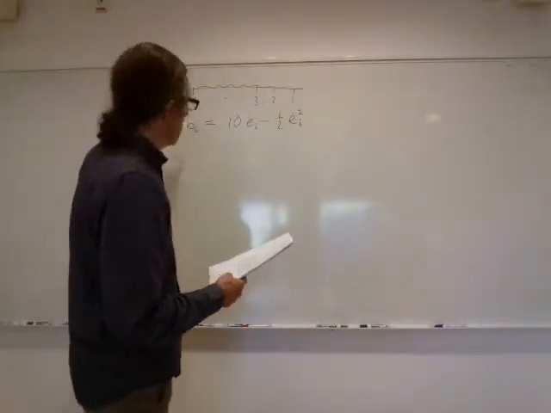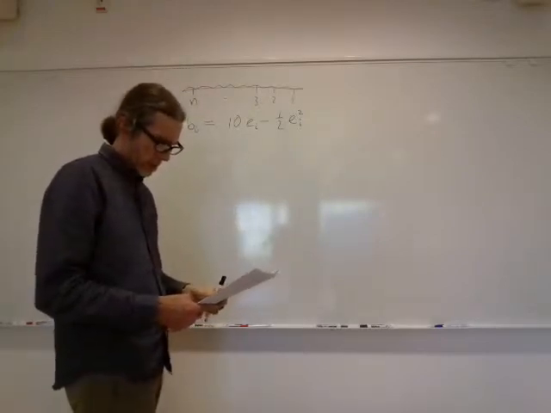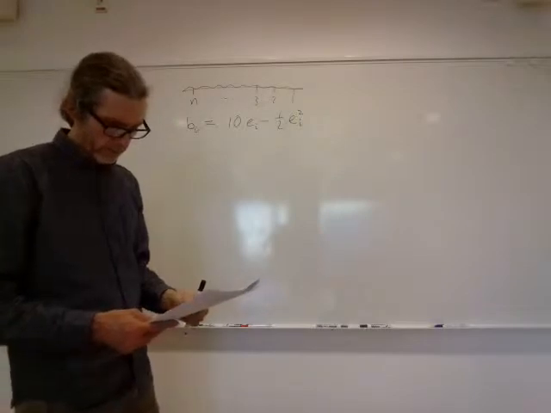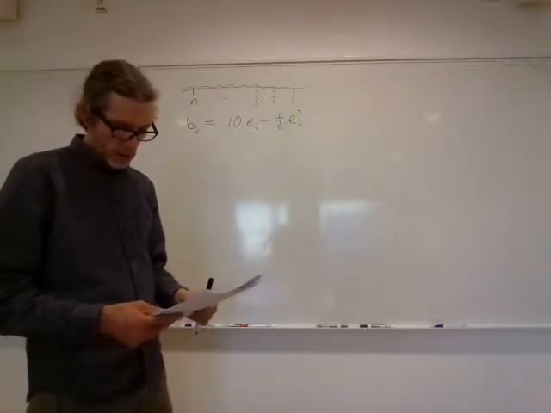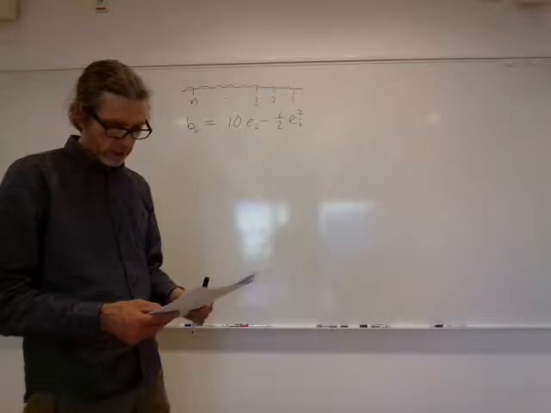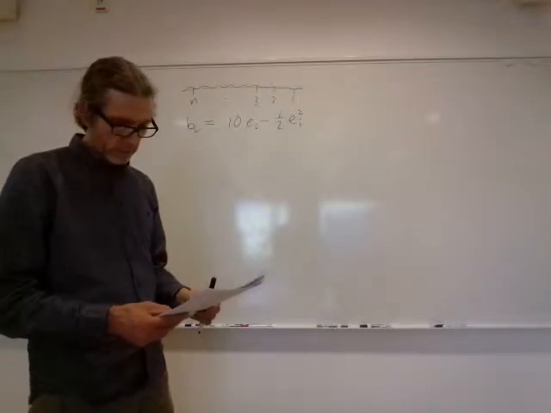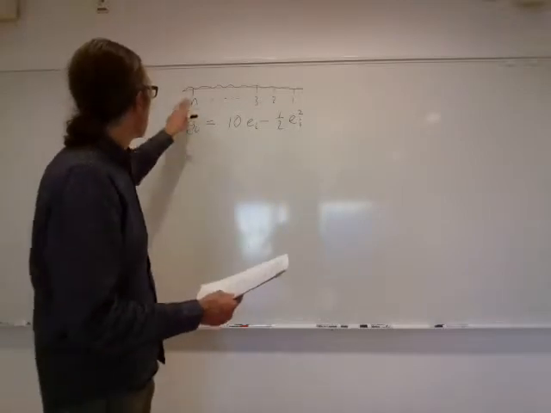But let me see. We've got up to 10 countries. I less than J means country I is upstream of country J. Okay.